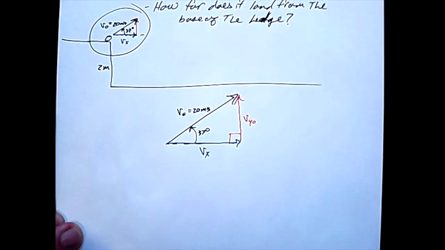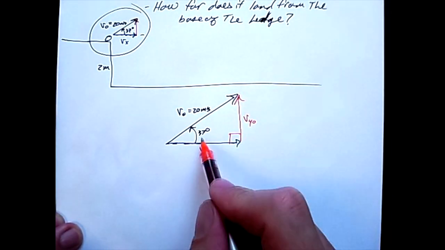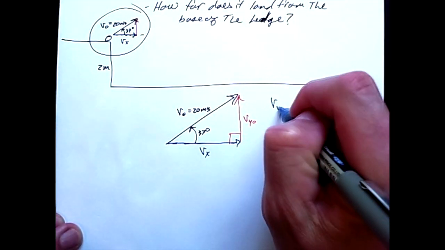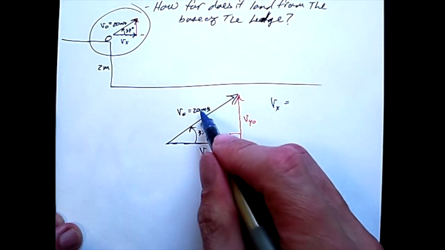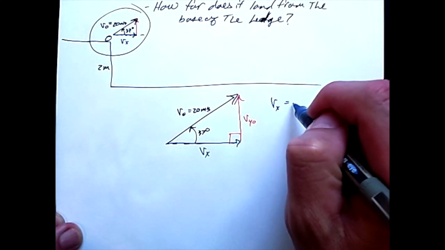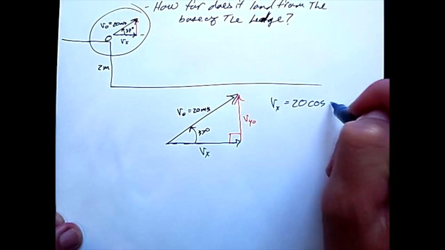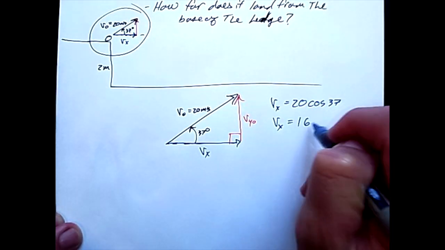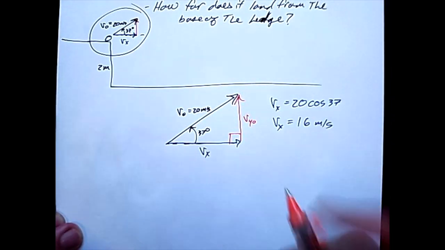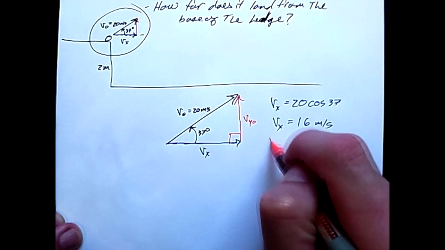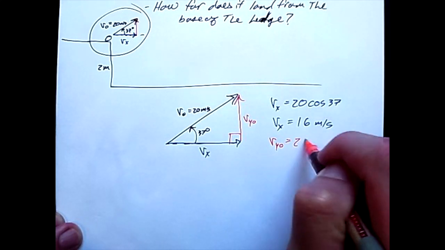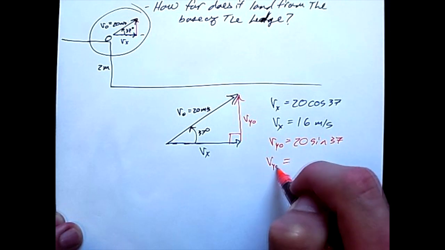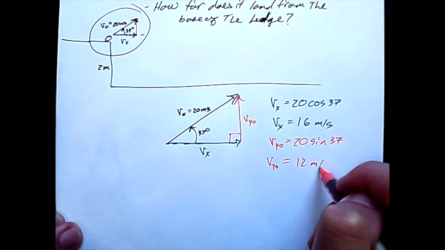These two are perpendicular, and this is a right triangle with an angle of 37 degrees, and so I can calculate Vx as being 20 times the cosine of 37, which I believe comes out to be 16 meters per second, and Vy naught equal to 20 times the sine of 37, which I believe comes out to 12 meters per second.